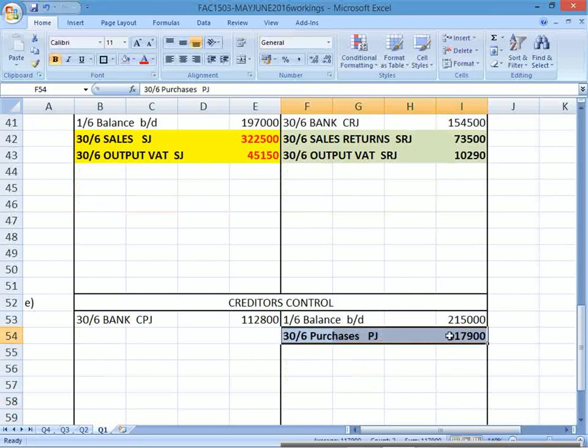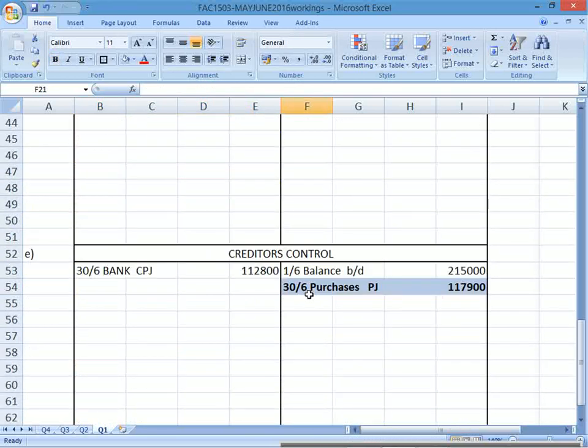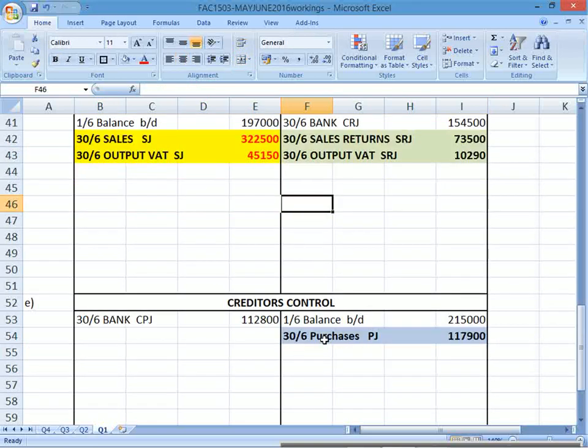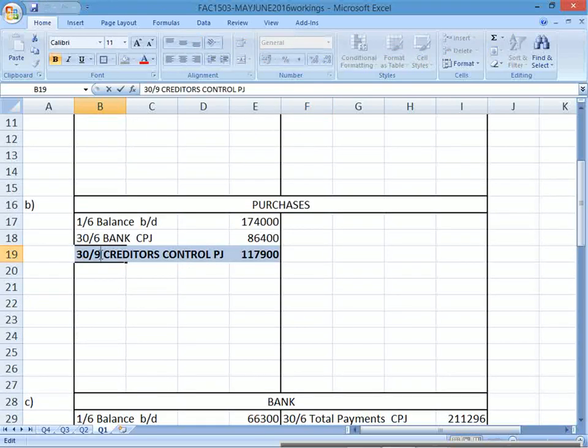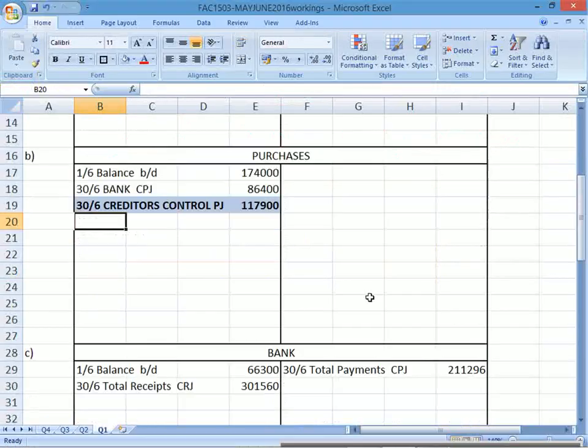Purchases is going up because you're buying from your creditor. Liability going up. What date? Oh, sorry. Yeah, I typed in 9 instead of 6. Thanks. Input VAT I don't need, but input VAT affects my creditor.